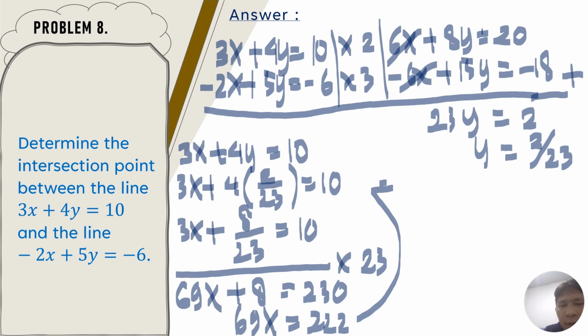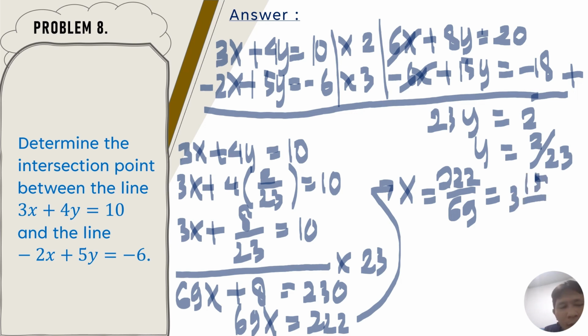Then here we have x equals 222 divided by 69, so equals 3 and 15 out of 69. We can make it simpler, dividing by 3, 5 out of 23.